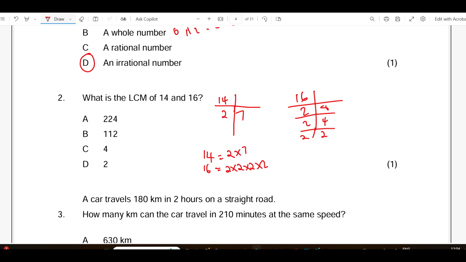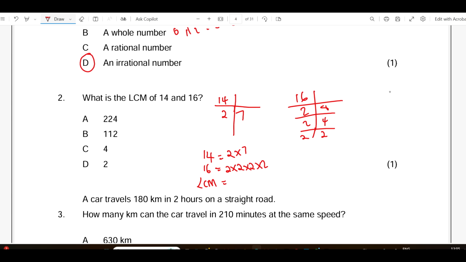So when we look for an LCM, I have a 2 in 14, and I have a 2 in 16.